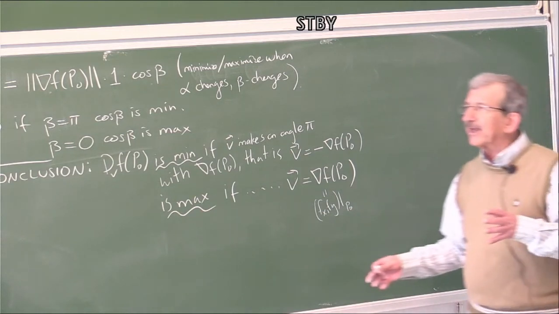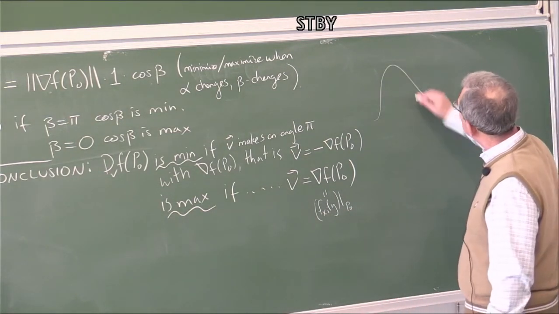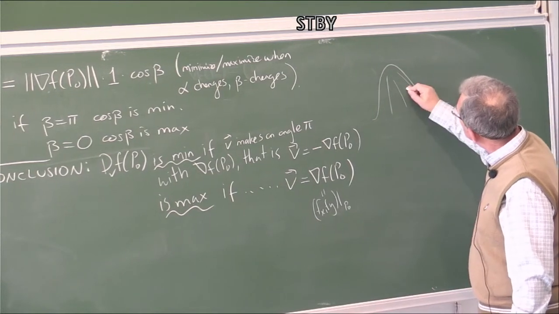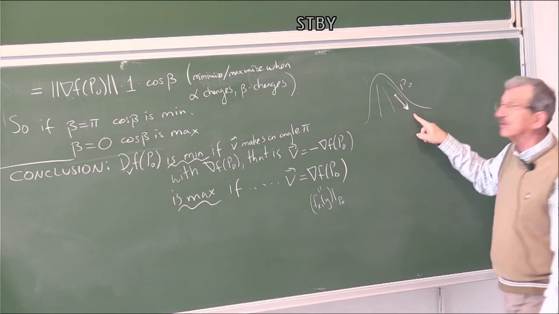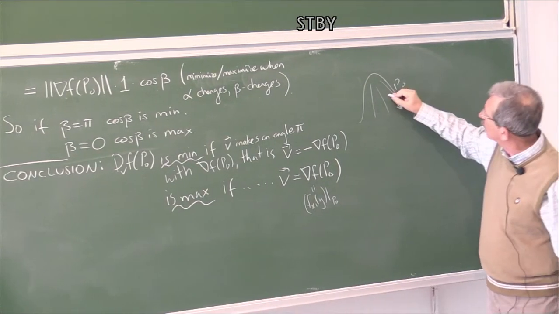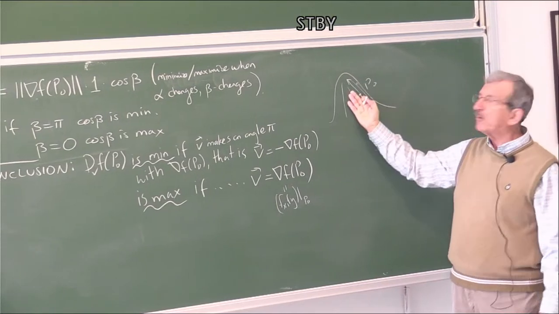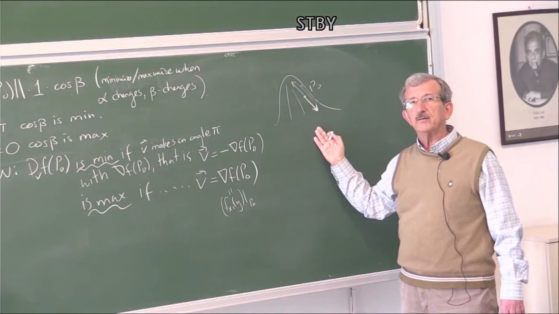Well, this is again understandable, because if you are on a hill somewhere, and at some point p0 this is the most negative slope, you have a tangent line, so go the other direction. It's the most positive slope. It's the negative of the other one.